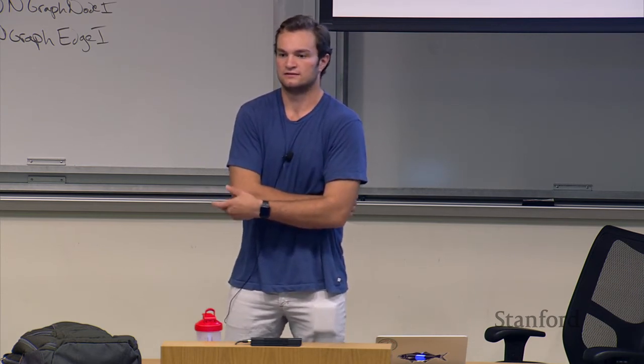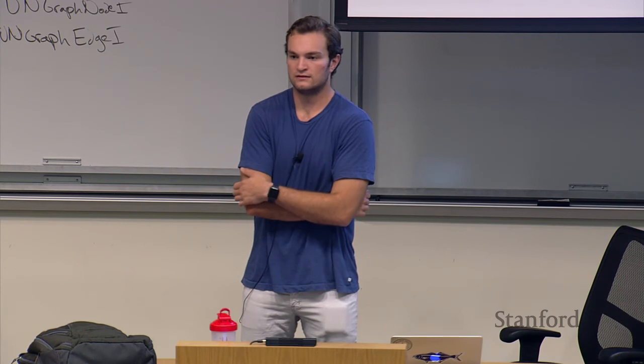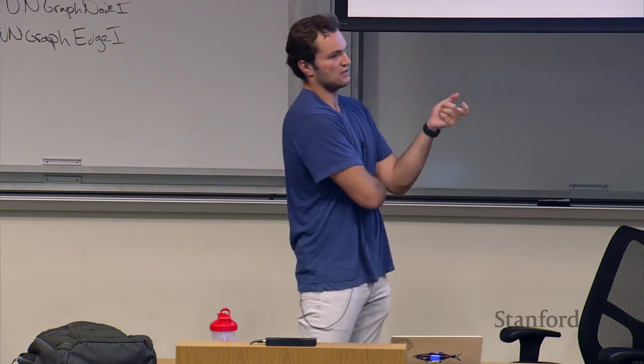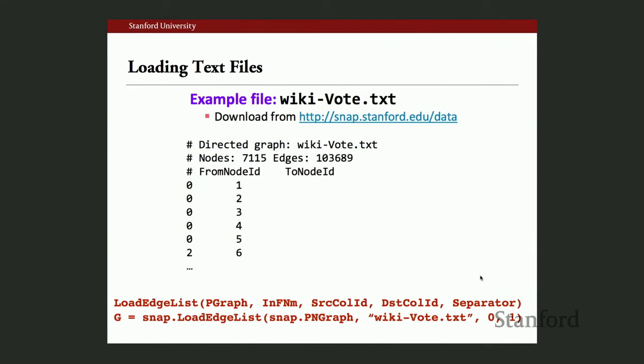Yeah. Can you think one more time why load edge list would not work for the gene side? It would work. You could put in that the 0th column is the source and the 2nd column is the destination. It's just that alone won't give you the disease or gene attribute. It's dependent on the homework.